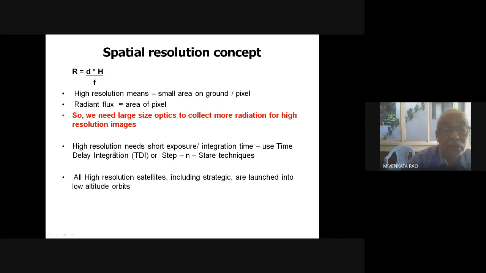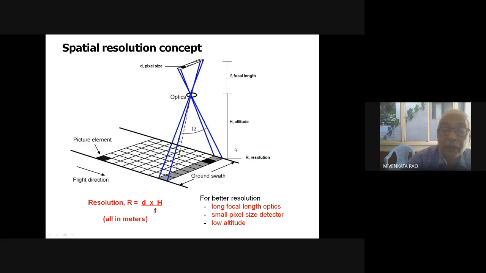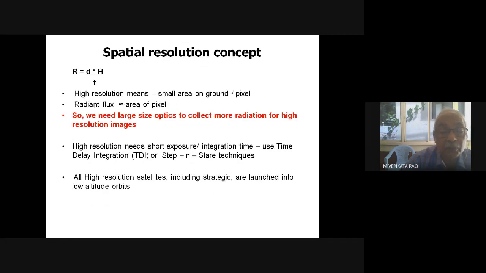The other way is that high resolution needs a short exposure integration time. Here again, while the satellite is going like this, it is scanning line by line. The time taken to scan one line is called integration time. As the size is reducing and resolution is increasing, the time reduces.